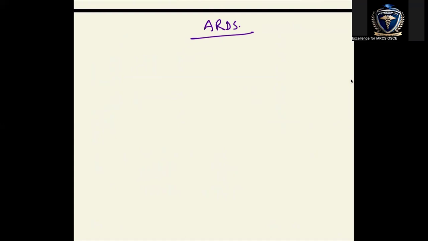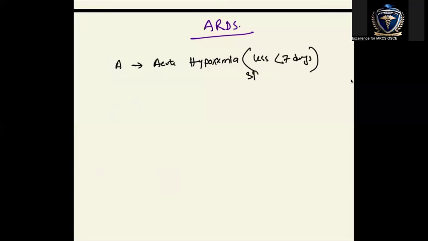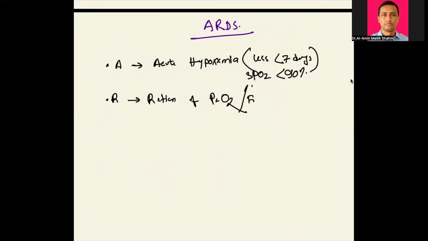So at first, A stands for acute hypoxemia. Acute hypoxemia. Usually the duration is less than 7 days, and SpO2 usually less than 90%. R stands for ratio of partial pressure of oxygen and FiO2, the Carrico index.